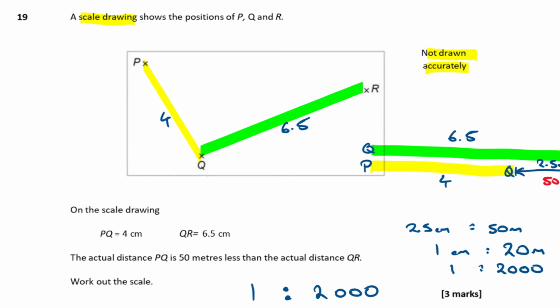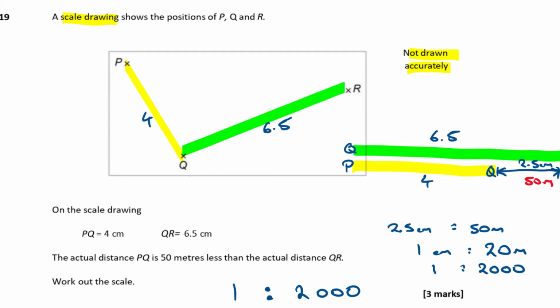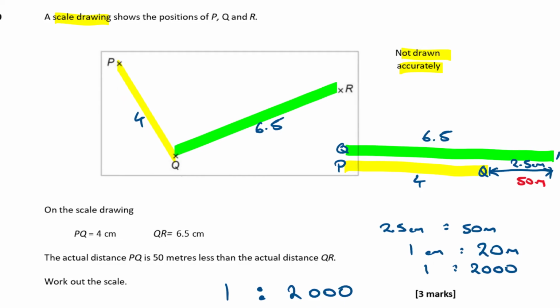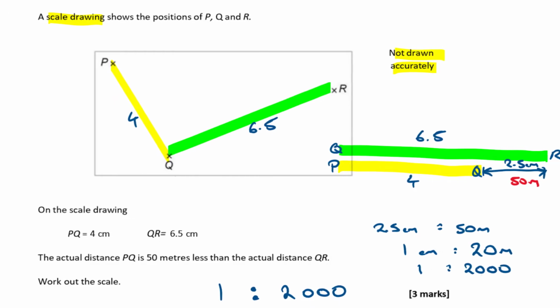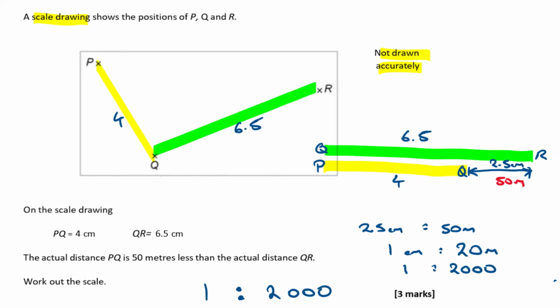Now I think my working went a little bit off. I'm just going to pull it this way a little bit. The diagrams I was drawing earlier were slightly off the page. So this is the bit I was saying was 2.5 and 50, the difference between Q to R and P to Q. Hopefully that is clear.